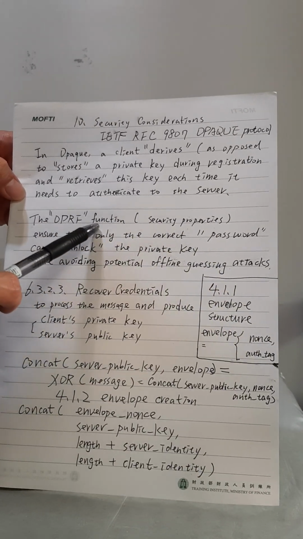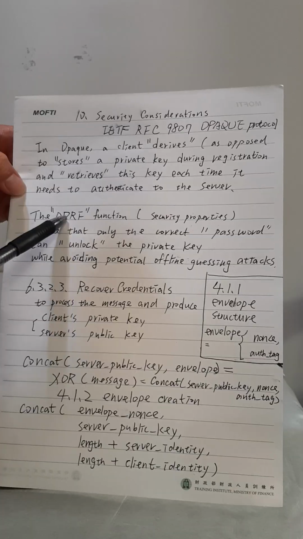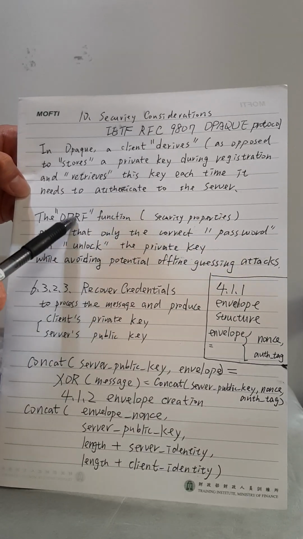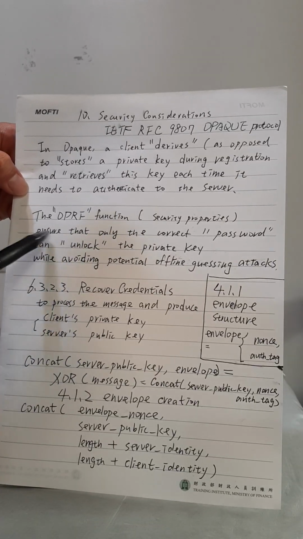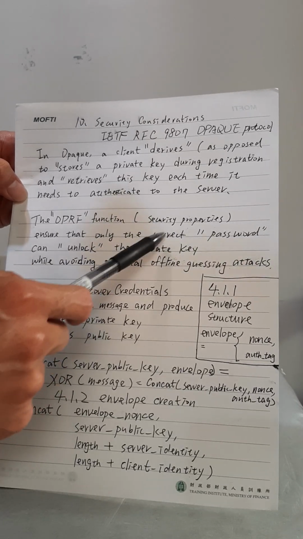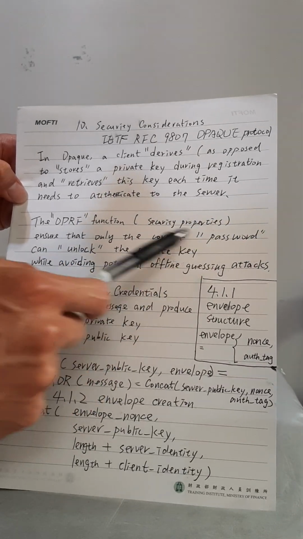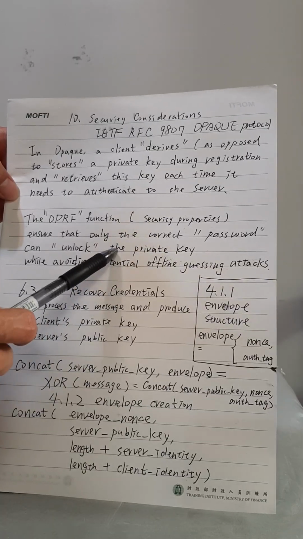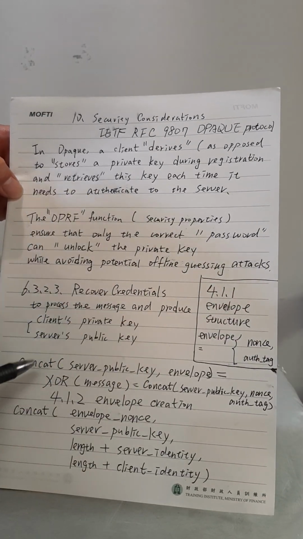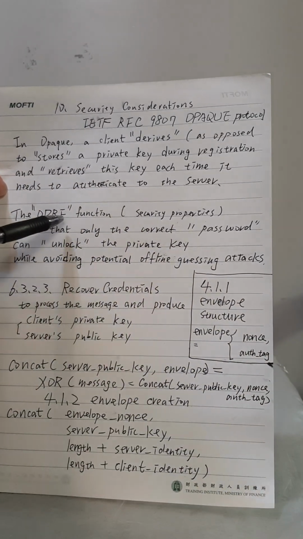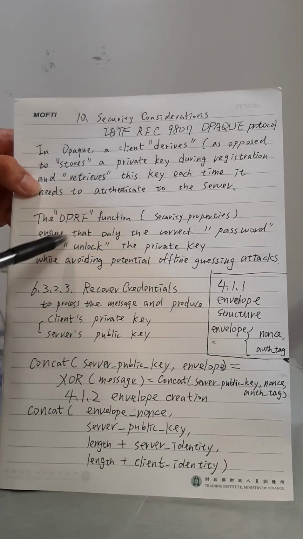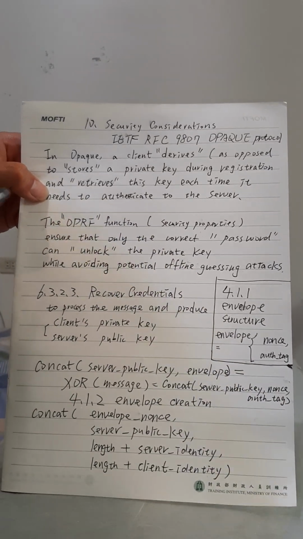The OPRF function, that is the oblivious pseudo-random function, with its security property, ensures that only the correct password of the client can unlock the private key, while avoiding potential offline guessing attacks. So, using the OPRF function, the output of the OPRF function is x to the y's power.